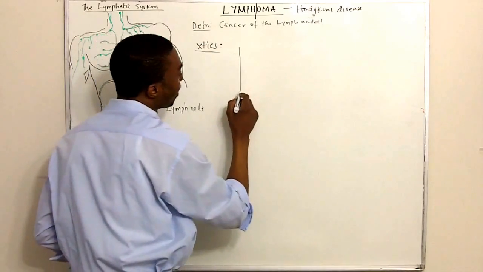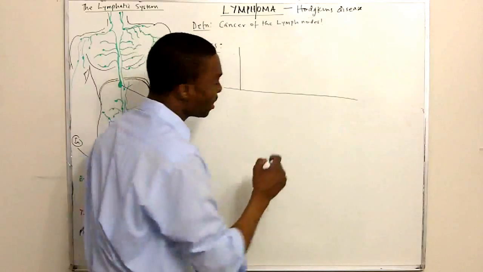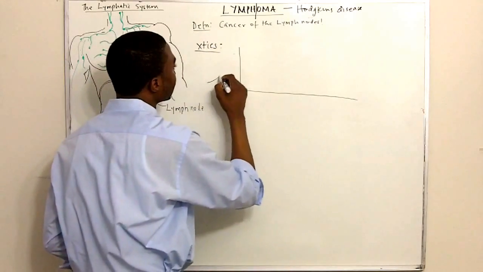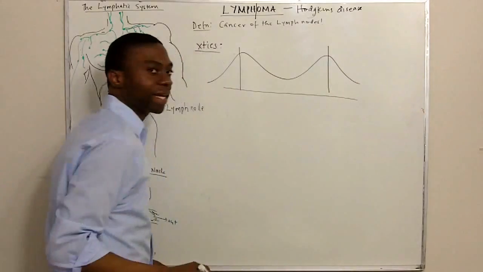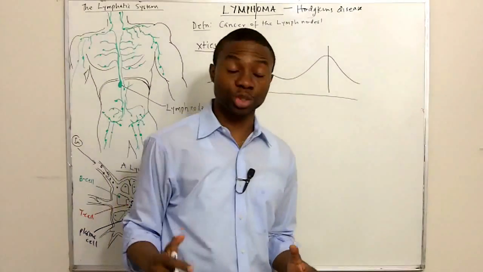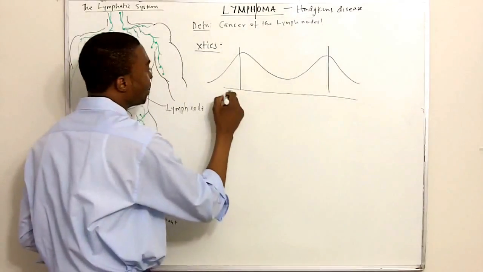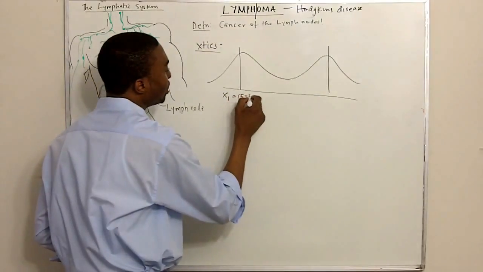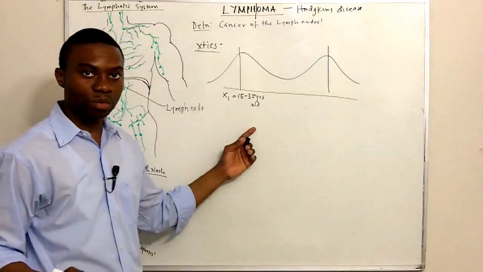When I say we have a bimodal distribution, it means it happens in two different age groups. The first age group is usually between 15 and 30 years old, very young people.